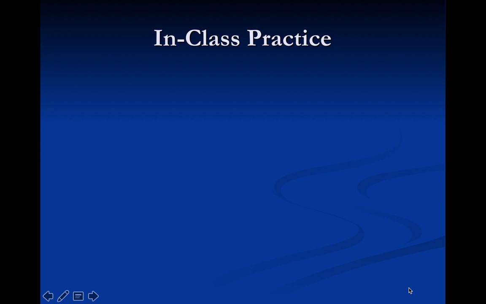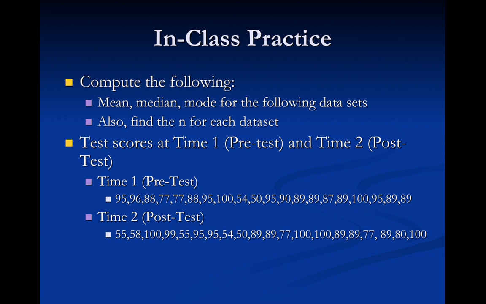Now, I've also provided for you here, as an in-class practice, a couple of different little data sets that you can try out for yourselves to give yourselves a little bit more practice. For each one of these, find the mean, median, and mode for each data set, and also find n for each data set.